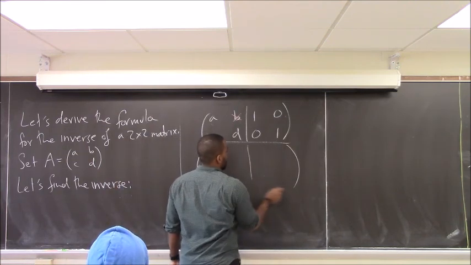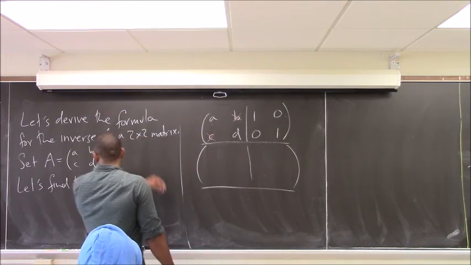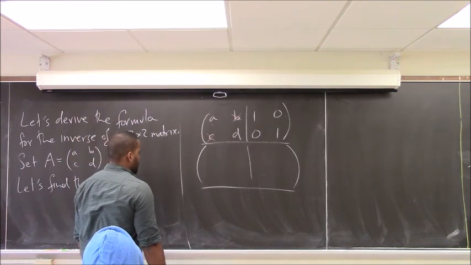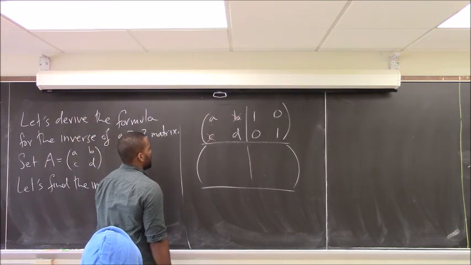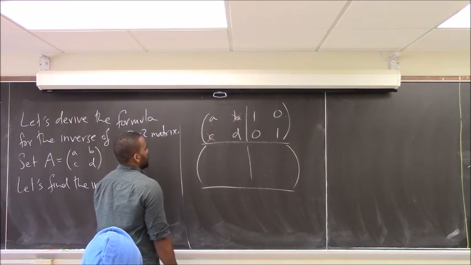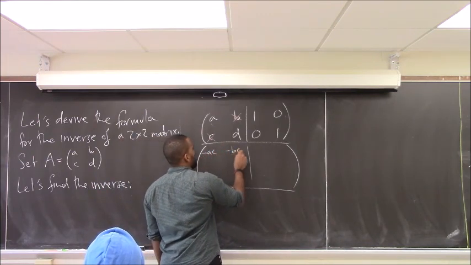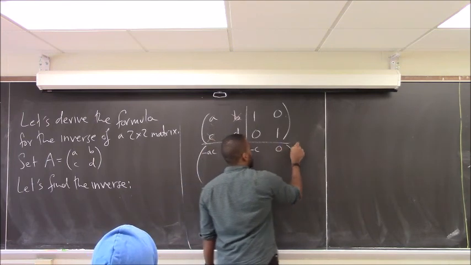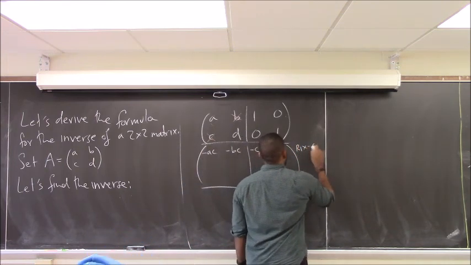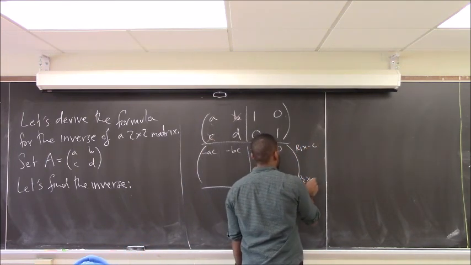So let's begin. Here's something I can do. I can multiply the first row by minus c, and multiply the second row by a.